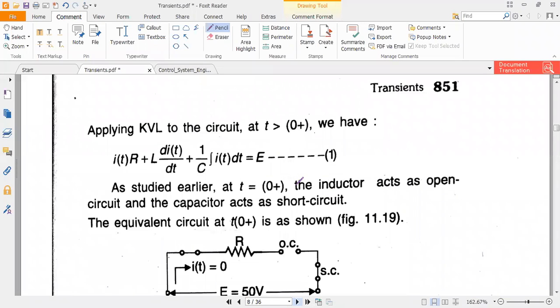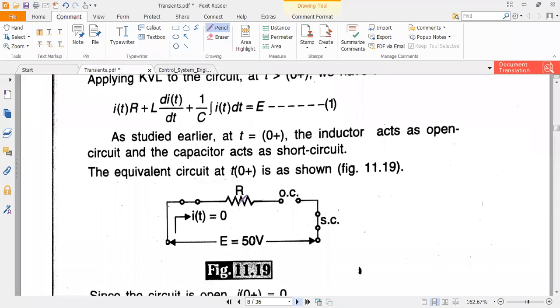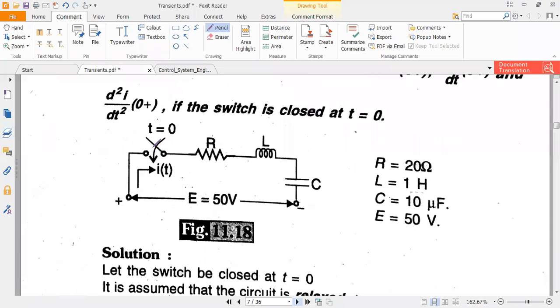At the initial condition, which means in the transient state, the inductor acts as an open circuit and the capacitor acts as a short circuit. So at t = 0+, we can make the inductor an open circuit and the capacitor a short circuit, because the switch is closed.